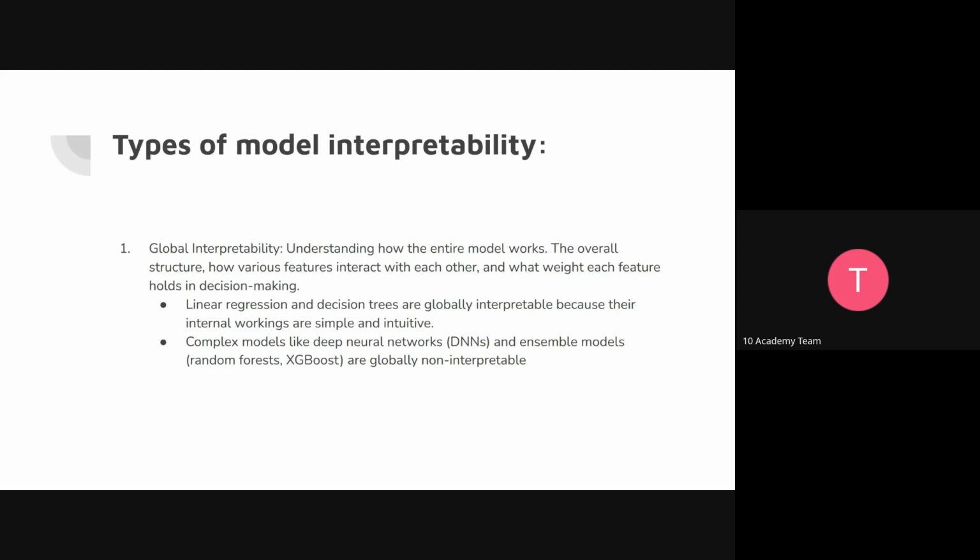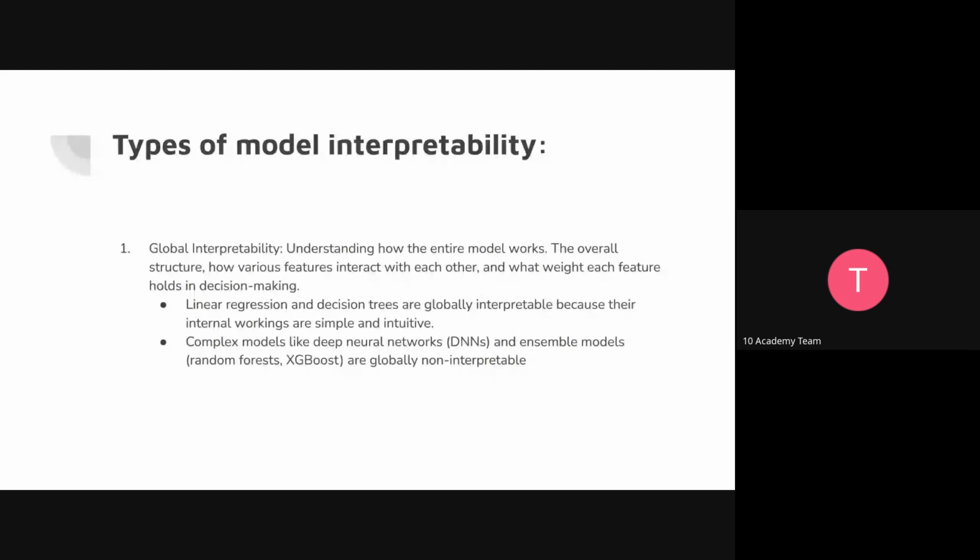Linear regression and decision trees are globally interpretable because their inner workings are simple and intuitive, so it's easy to understand how they arrived at a particular decision.